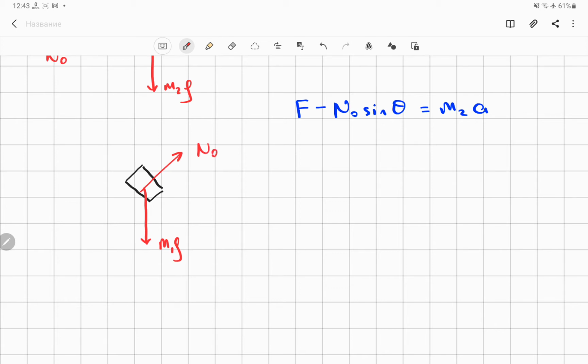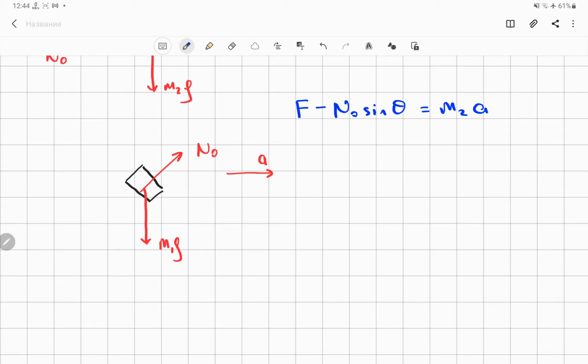And we know that this object also needs to move with the same acceleration as the M2. Only in this case, it will not slide up or down. If it has different accelerations, then it means there is a sliding. In order to avoid the sliding, they both need to move with this absolutely same acceleration.